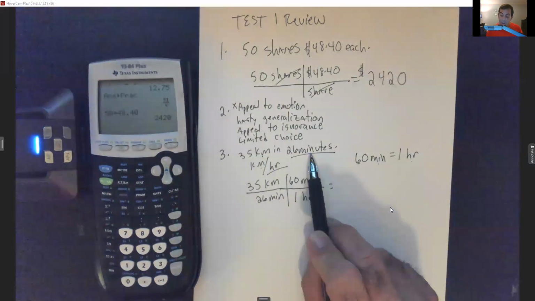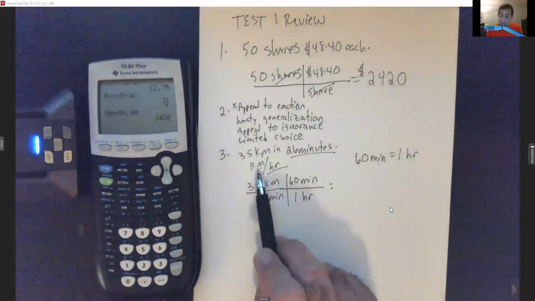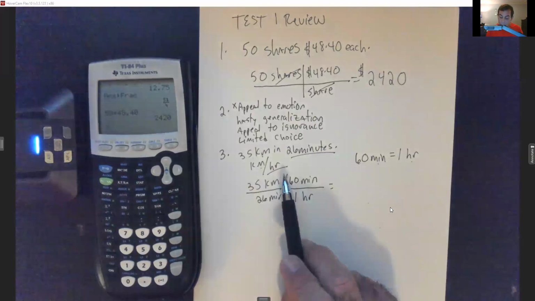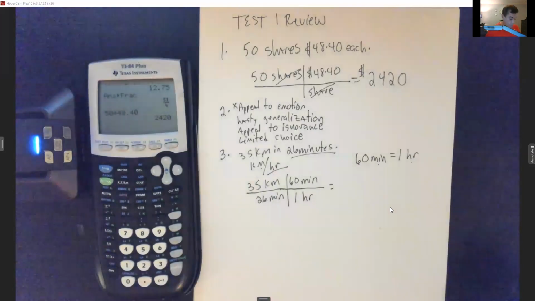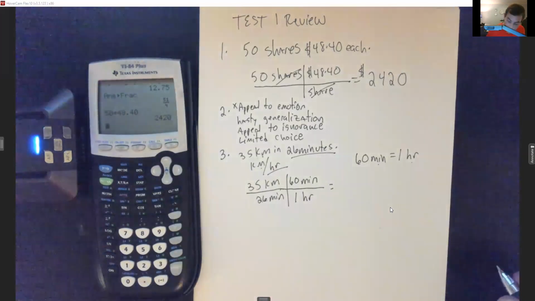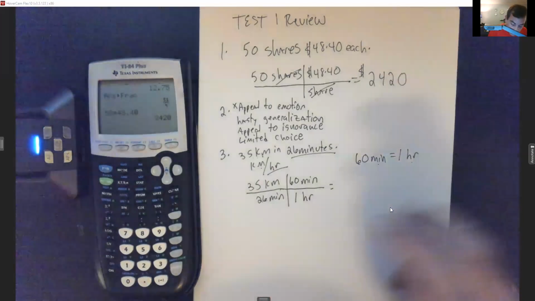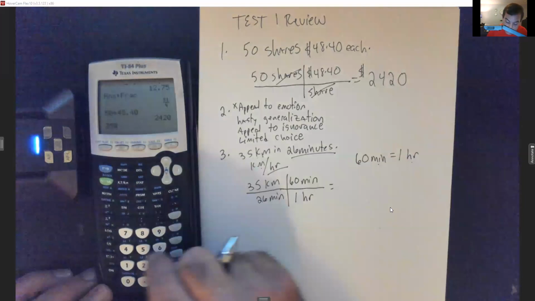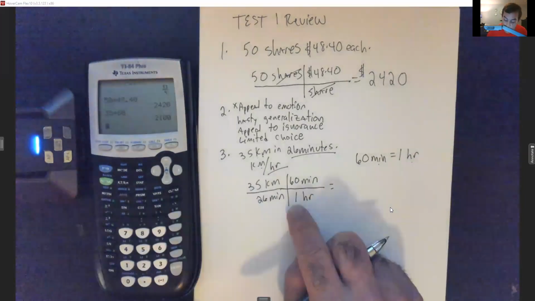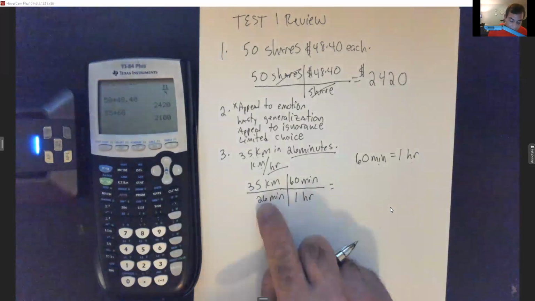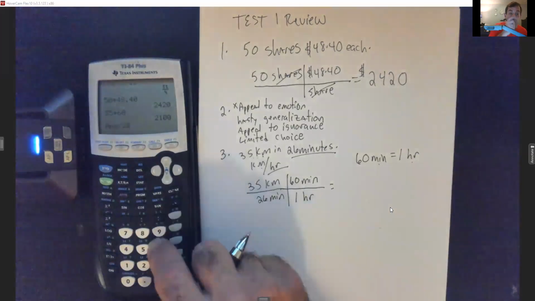We want to know how many kilometers that is per hour. All right, so let me do some multiplying. So 35 times 60, that's on the top. So you multiply those together. That gives me 2,100. And then I divide by the 26 on the bottom.